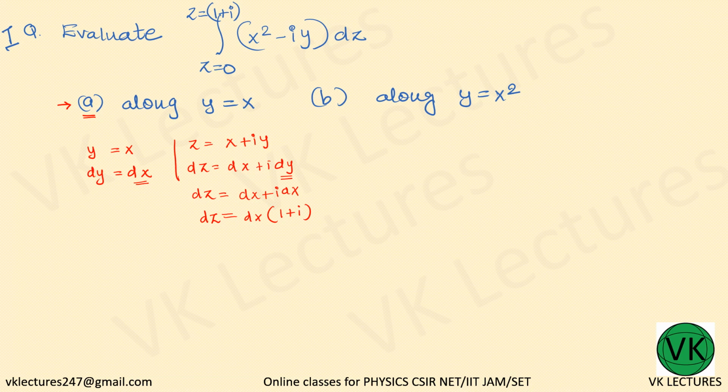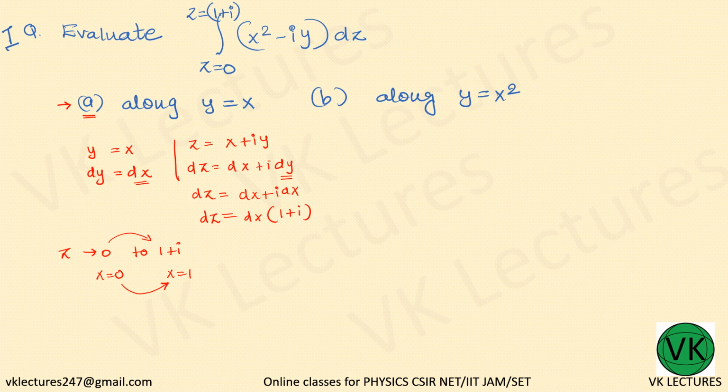Okay, now we need z equal to 0 to z equal to 1 plus i. We are writing it in terms of x, so z starts from 0 to 1 plus i. Here the x value is 0, here the x value is 1. So when z changes from 0 to 1 plus i, the value of x changes from 0 to 1.